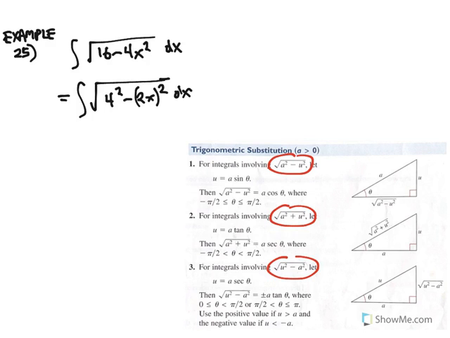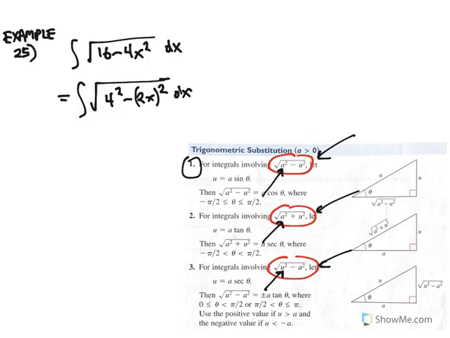And in these three radical expressions, a represents some constant, and u represents some function of x. So if you have the radicand as the square of a constant minus the square of a function of x, you would use the first trigonometric substitution.